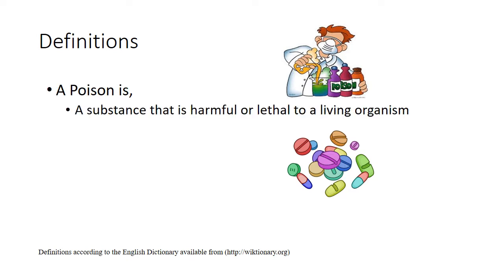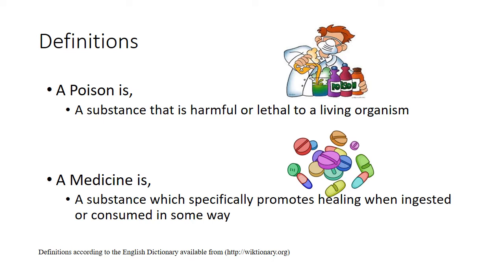So back to our definitions. A poison, we defined it as a substance that is harmful or lethal to a living organism, according to the dictionary. And a medicine, on the other hand, is a substance which specifically promotes healing when ingested or consumed in some way.